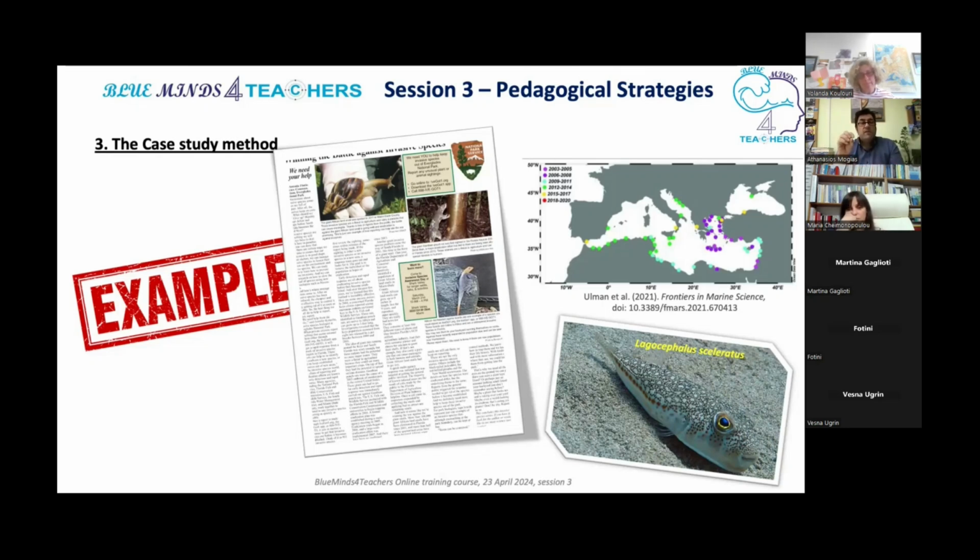We have the invasion of alien species through the Suez Canal, and these species have origin from the Red Sea and the Indian Ocean. The discussion, for example, could include protection issues for other species, protection issues for human health, because many of these species are dangerous for consumption, and financial issues. This is a case study.